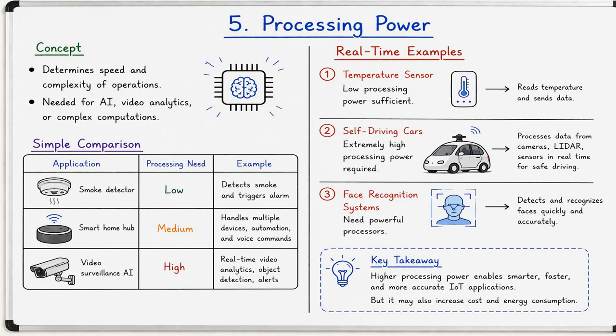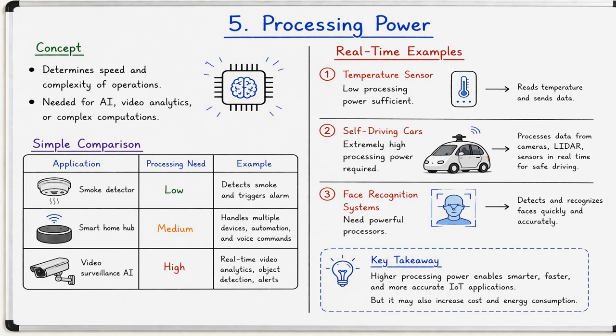Next is the processing power. Here it determines the speed and the complexity of the operations. That is, the processing power will determine how fast a device can perform tasks and how complex those tasks can be. Higher processing power is needed for advanced operations like artificial intelligence, image processing and real-time decision making.